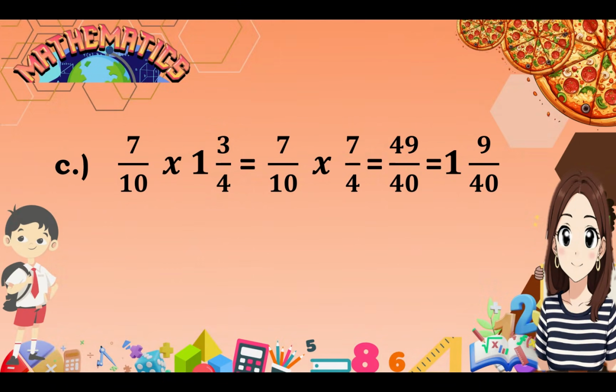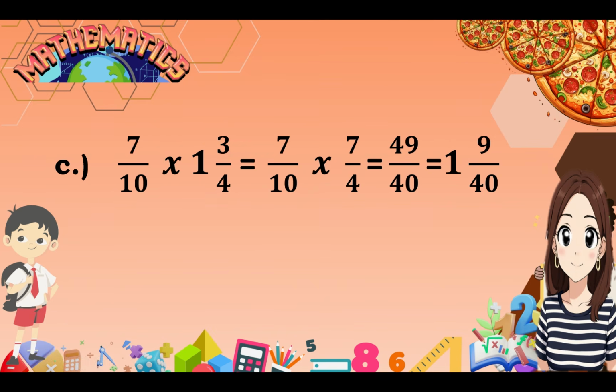Now letter C, 7 over 10 times 1 3/4 equals, again, let's copy the 7 over 10 and the multiplication symbol. Then, change the mixed number into an improper fraction.